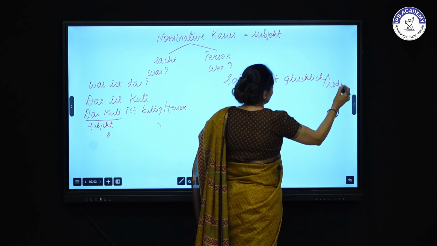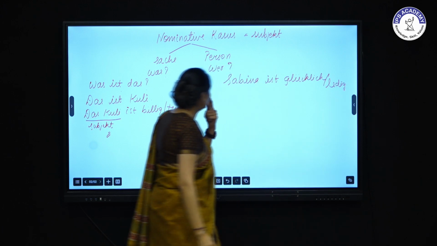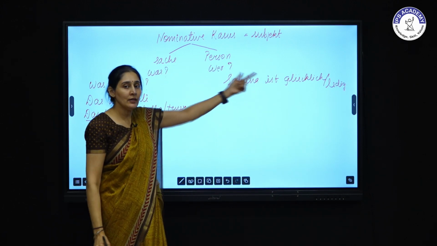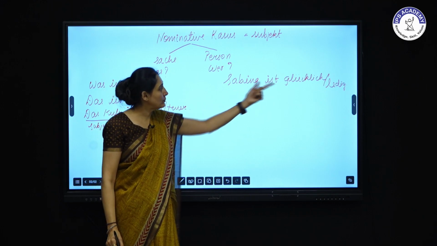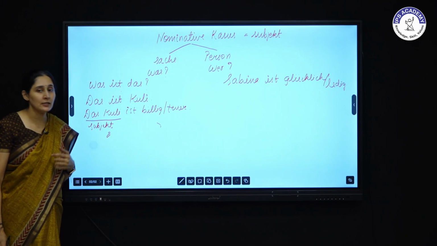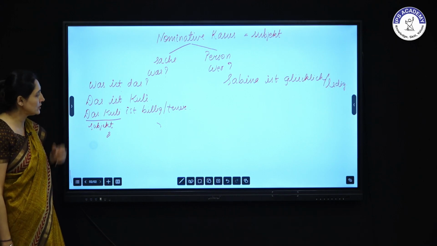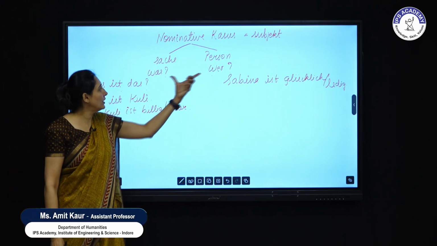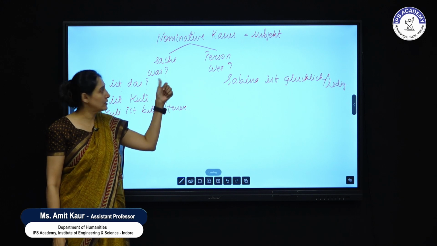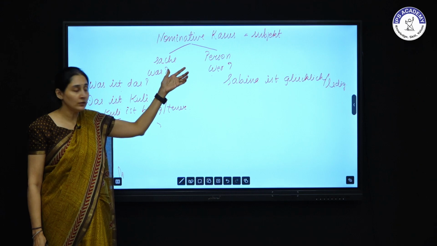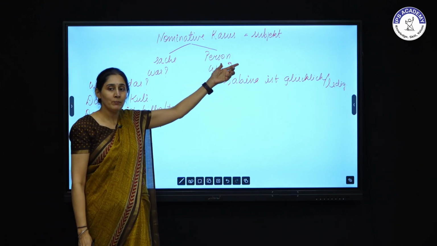Ledig, anything that we can say. So it gives an answer to who is happy: Sabina ist glücklich. So who is that? Sabina ist ledig or Sabina ist glücklich. This gives me an answer. A nominative always gives an answer to the two questions, was oder wer. Was ist für Sache, wer ist für Person.